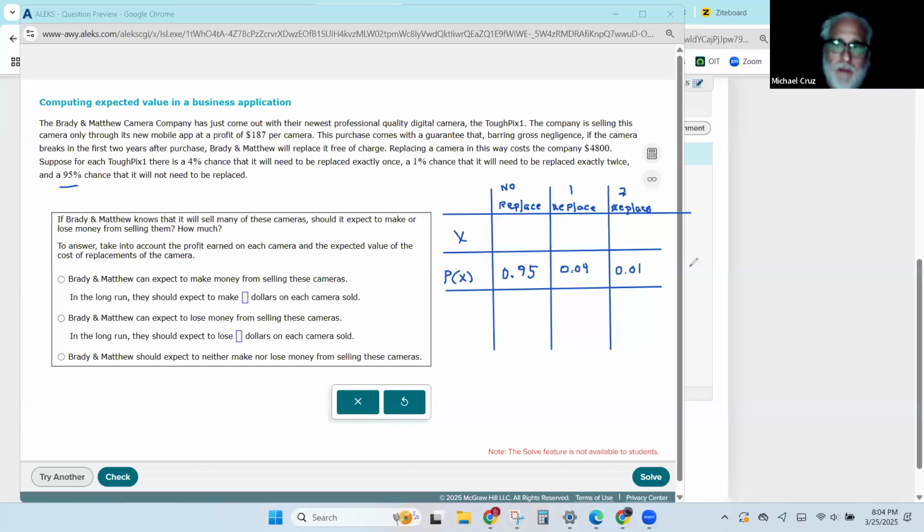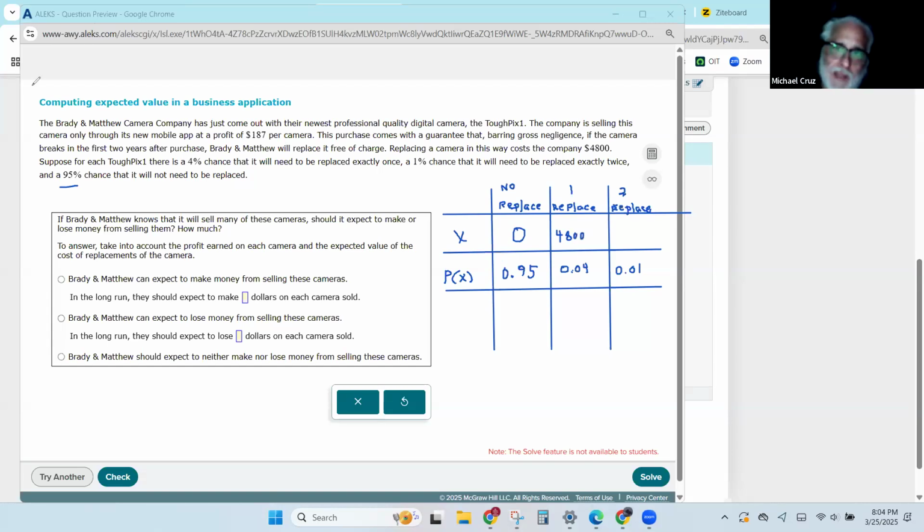Now, if there are no replacements, then they're out nothing. Okay? But if they have to replace once, they're out $4,800.